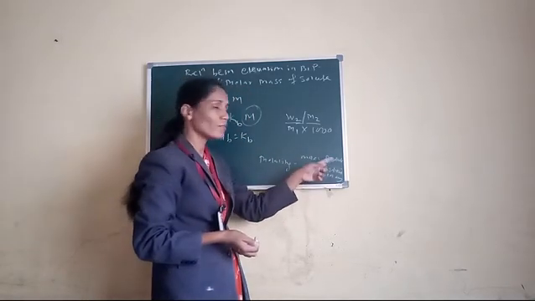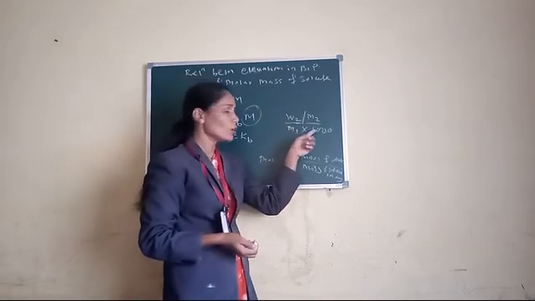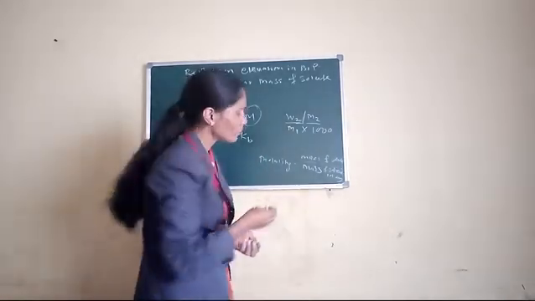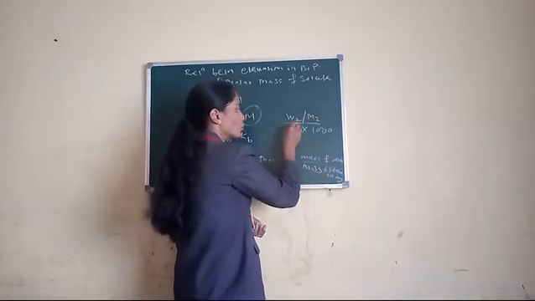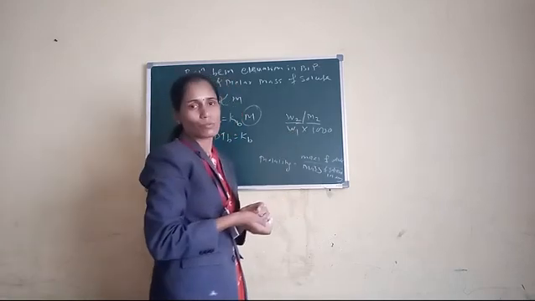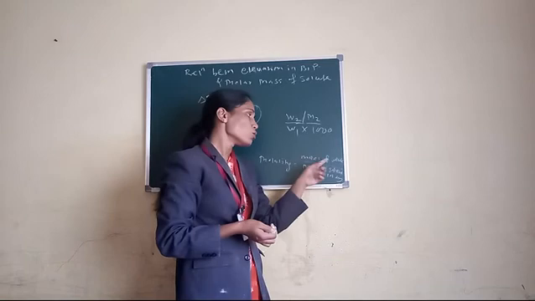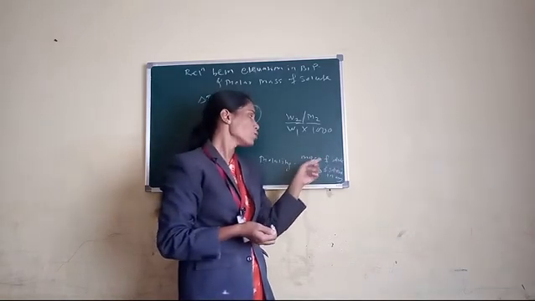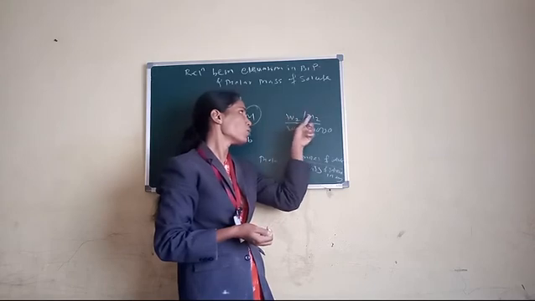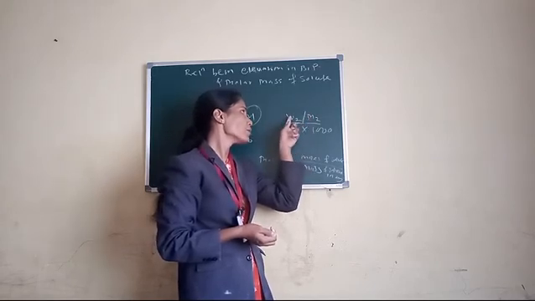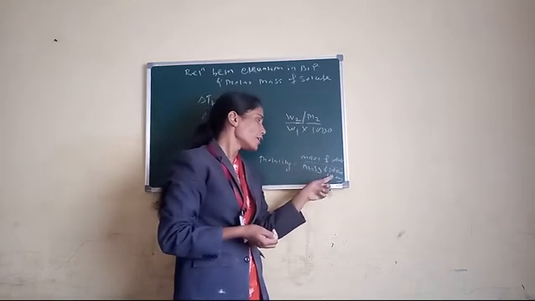Mass of solvent is denoted by W1, molar mass by M1, into 1000. Molality can be found by the formula moles of solute, which is mass upon molar mass of solute, W2 upon M2, upon mass of solvent in kg.